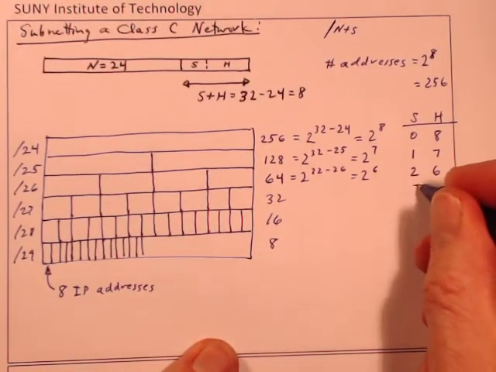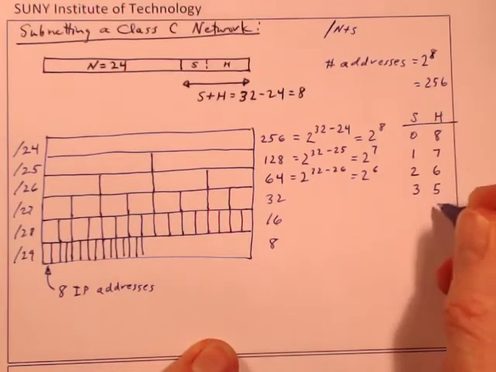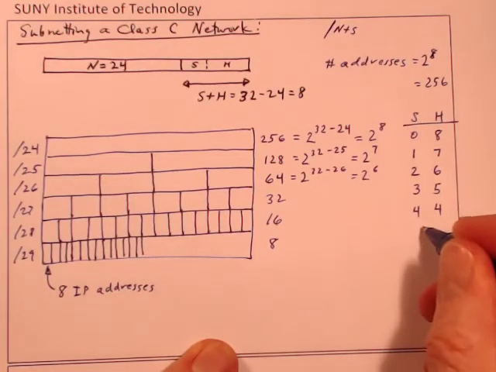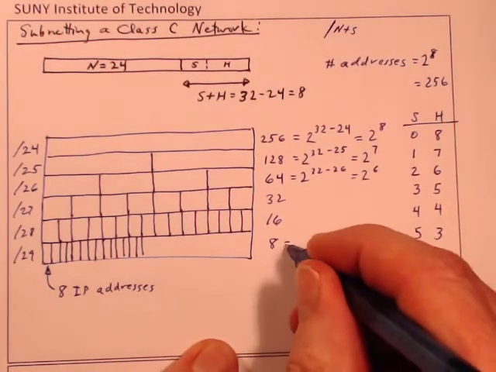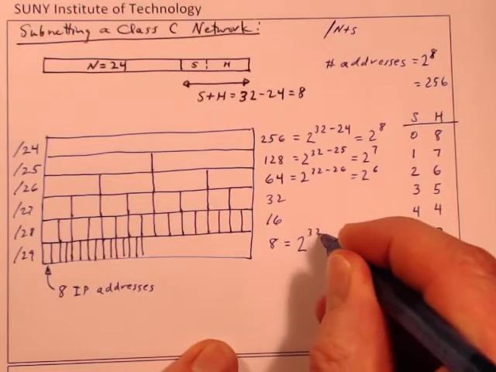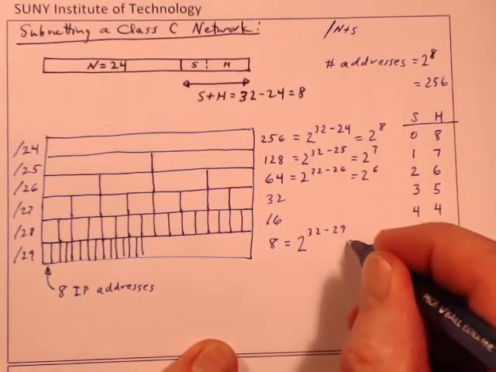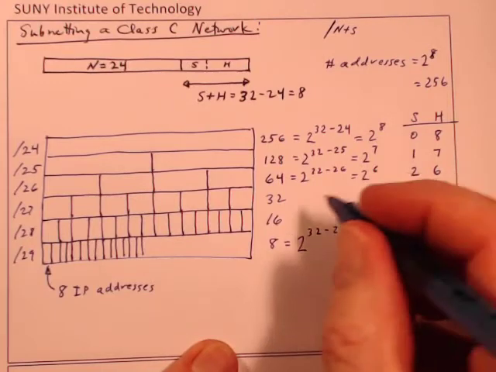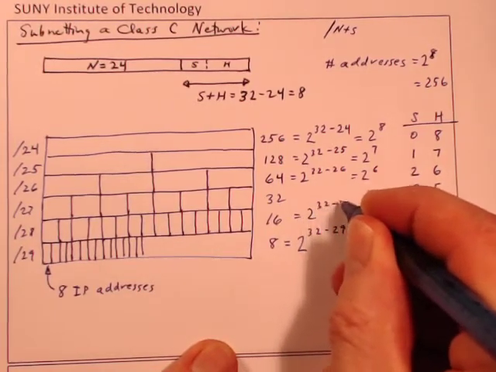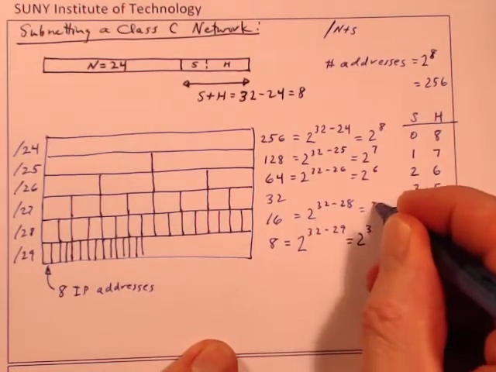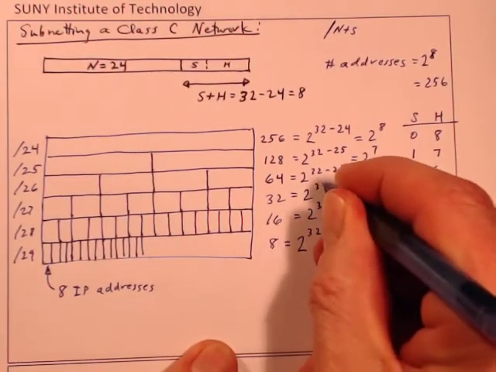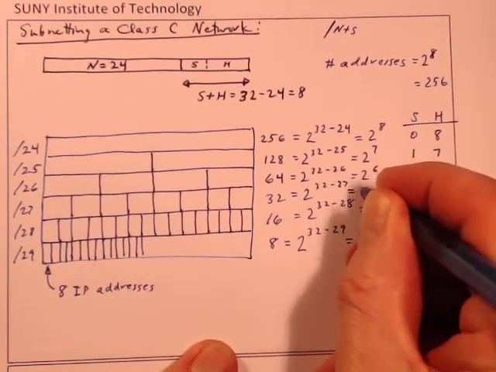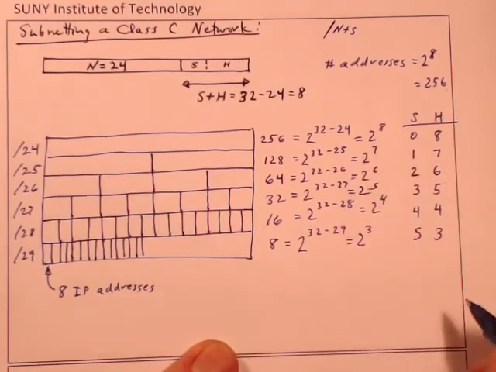And if I complete the chart, 3 and 5, 4 and 4, 5 and 3 now. And here, 8 is 2 to the 32 minus 29, or 2 cubed. 16 is 2 to the 32 minus 28, or 2 to the 4th. 32 is 2 to the 32 minus 27, or 2 to the 5th.